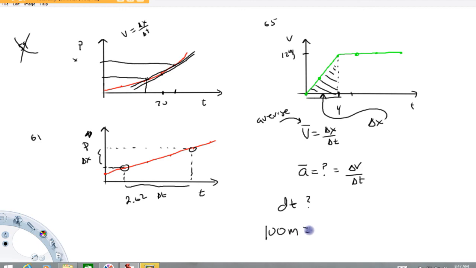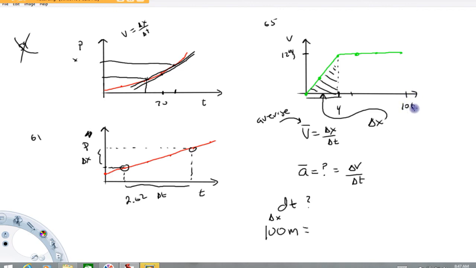And that 100-meter race, that's the delta x. And the graph looks like it goes to 10 seconds to me. So one possible answer, you'll have to look this up, is it might just be the 10 seconds. I'm not sure.